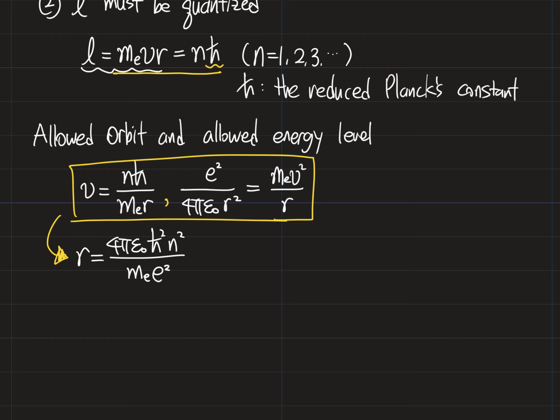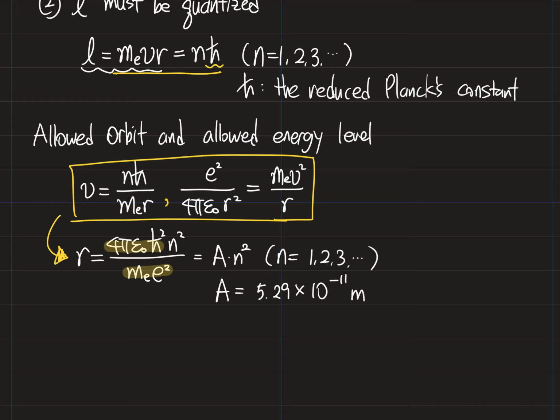You might notice that these are simply constants, even though it looks very complex. So this can be expressed as some constant a multiplied by n squared, and n should be a positive integer. We can calculate this a, and a is 5.29 times 10 to the minus 11 meters.